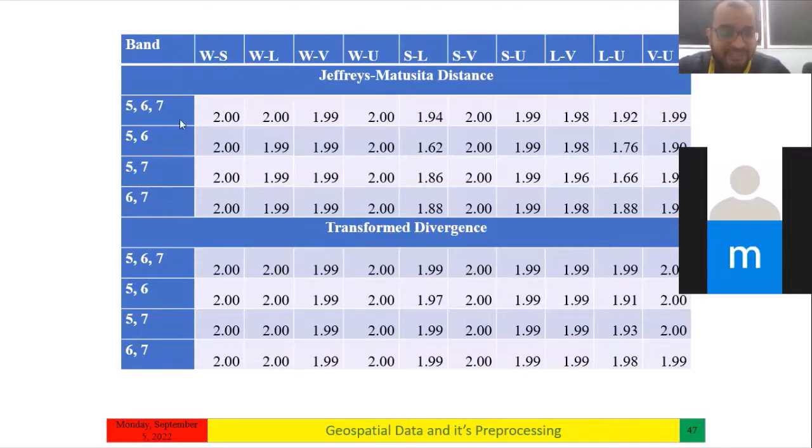And we have checked that in this particular combination, which feature is more separable as compared to the other one. So we can also check the separability of features in different combinations.